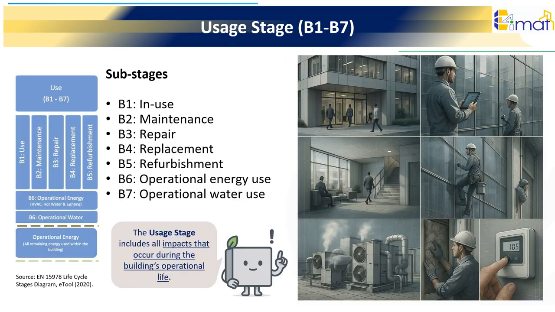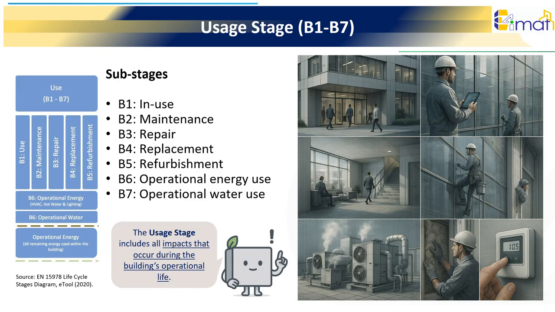The usage stage covers all activities and resource demands that occur throughout the building's service life. Module B1 refers to general use, while B2 to B5 capture maintenance, repairs, replacement of components and refurbishment cycles. Modules B6 and B7 include operational energy and water use, which often dominate the long-term environmental impacts.